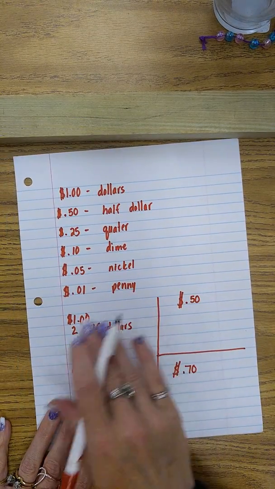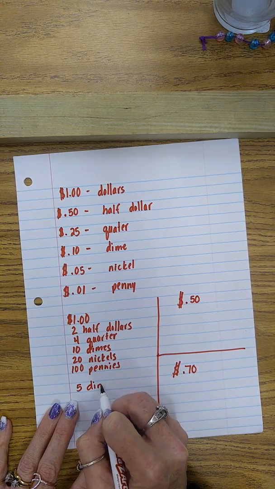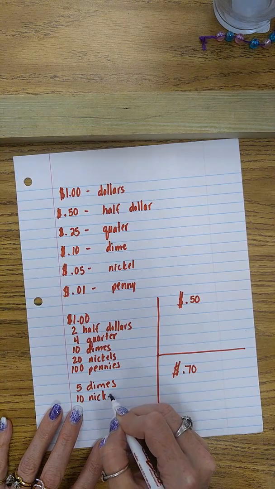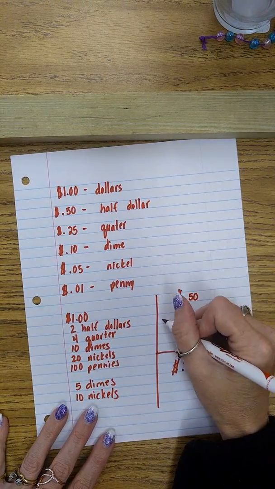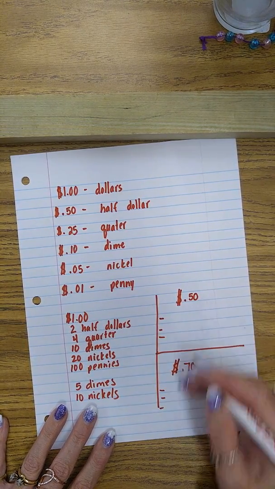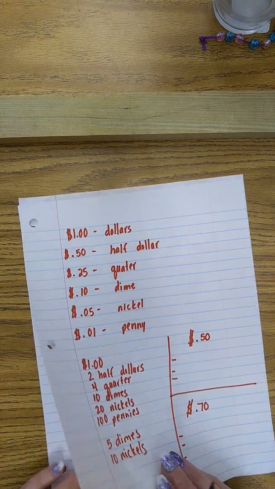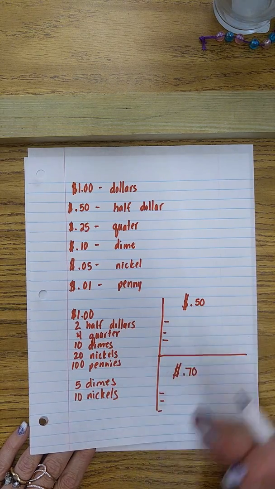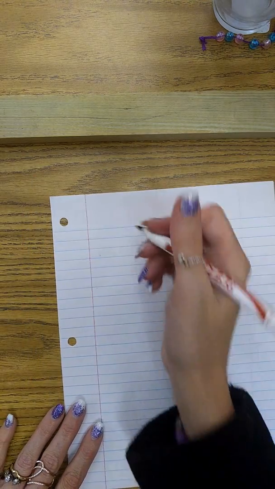So for example, these are all the same, but I could also have 5 dimes and 10 nickels and still have $1's worth of money. So it can be broken up, but I want 3 different ways to build 50 cents, and 3 different ways to build 70 cents. Now we're going to work on a practice. These are the 2 things I want for practice: to understand that money can look different and still equal the same amount. Now let's work on the problem.